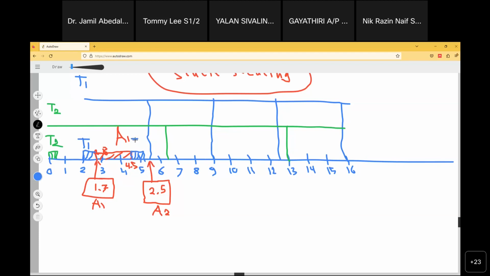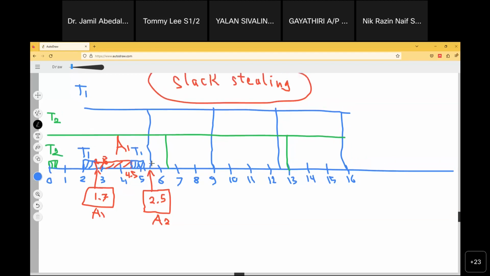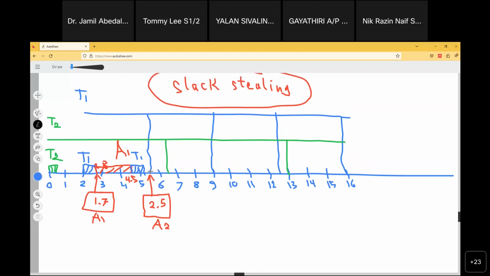This is task 1. After 5, this is 5.2. At 5.2, we cannot execute anything because it will be idle. At 5.5, how many tasks can we execute?